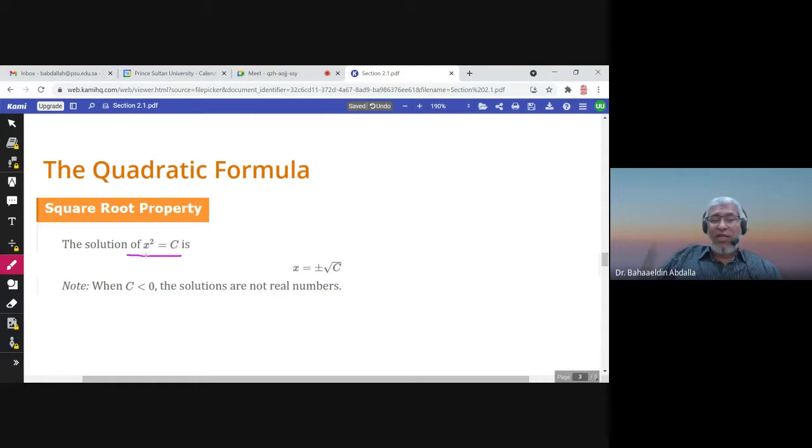If you have only x squared, you can take c to the other side to use the square root property, because the solution of this equation is either x is the positive square root of c or the negative square root of c. So for example, if x squared is 9, then x would be plus or minus the square root of 9, which is 3.